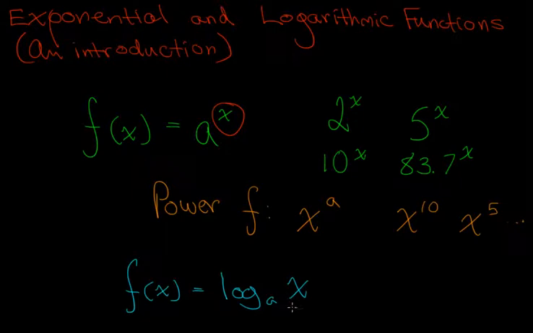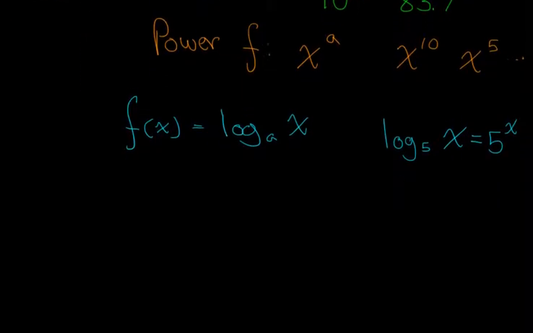X is the argument, and then you have some sort of base, so it could be 5 as a base. And log base 5 of x and 5 to the x are not the same, they're inverses. I hope that makes sense. I'll show you on the graph.